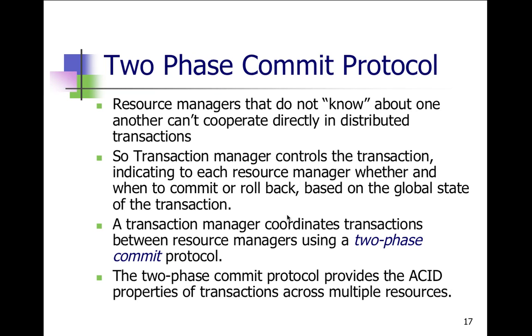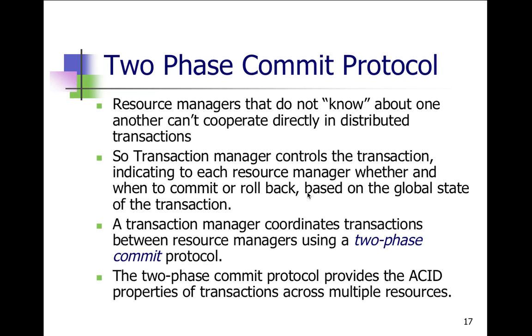So we have this thing called a two-phase commit, and this actually sounds like database terminology again, where we have resource managers that don't know about any others and can't cooperate directly with distributed transactions. Well, they don't know. They're all living on islands of their own in different object components. And so each transaction manager controls the transaction, indicating to each resource manager whether or when to commit or to roll back.